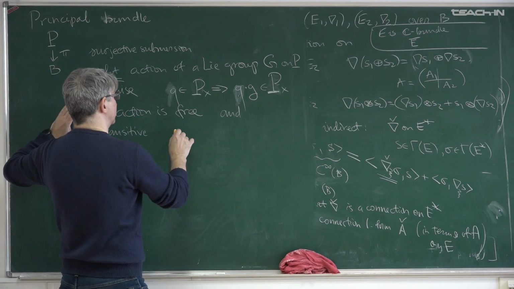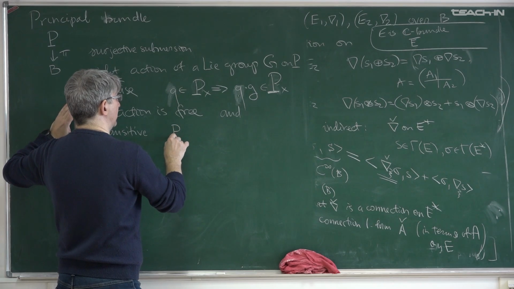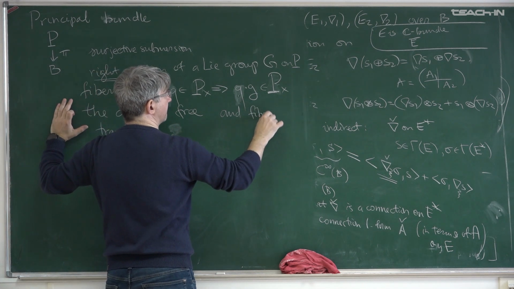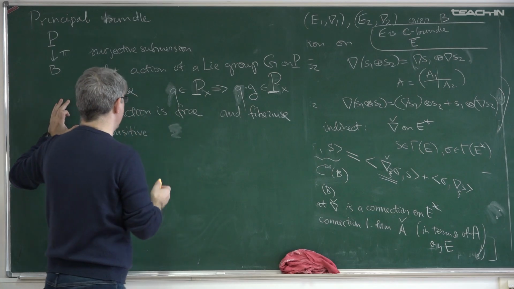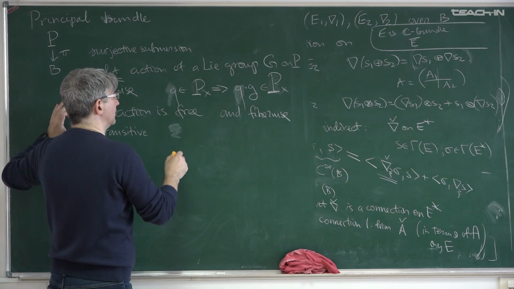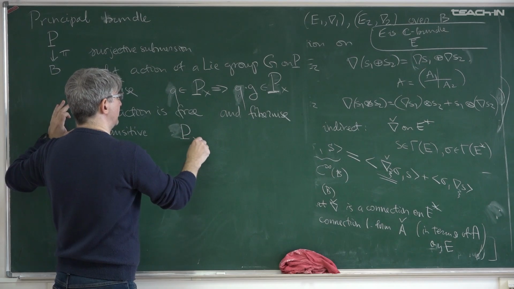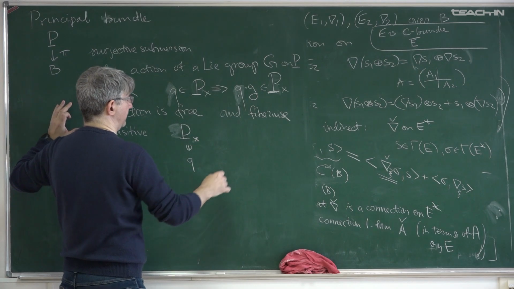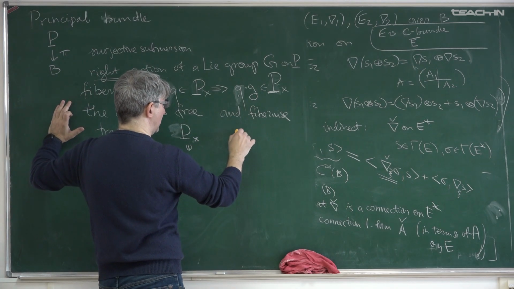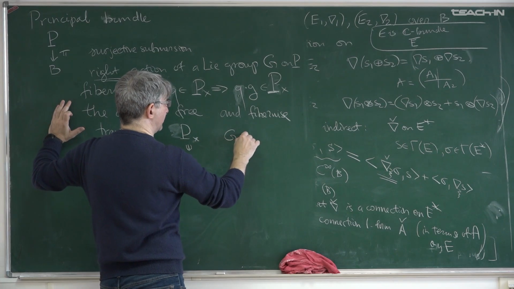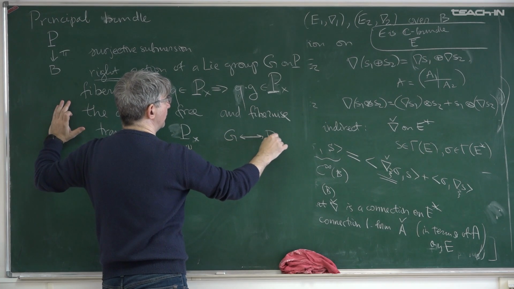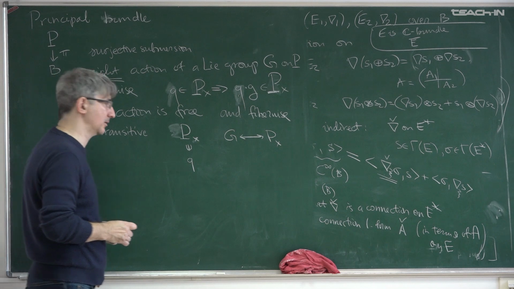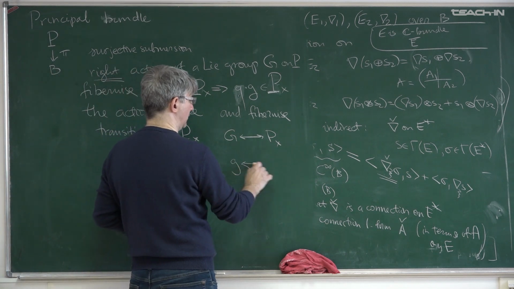If you take a point Q here, then you have a one-to-one correspondence between elements of the group G and the points in the fiber by the following identification.